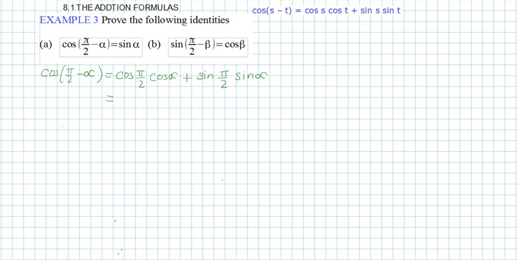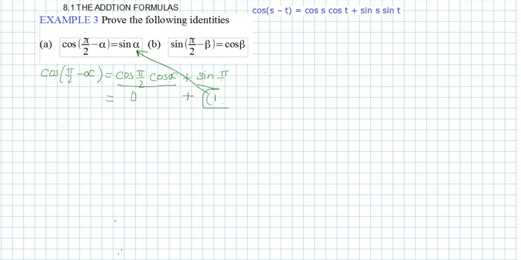And I know cosine of pi over 2 is 0, so this term becomes 0 plus, and I know sine of pi over 2 is 1, so this one is just sine of alpha. So I prove this one.